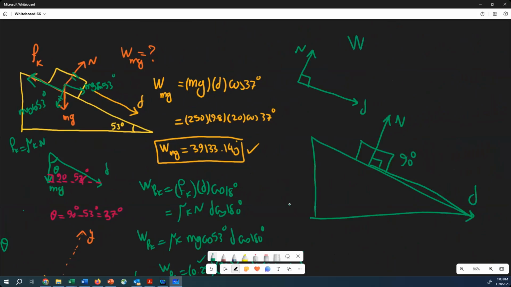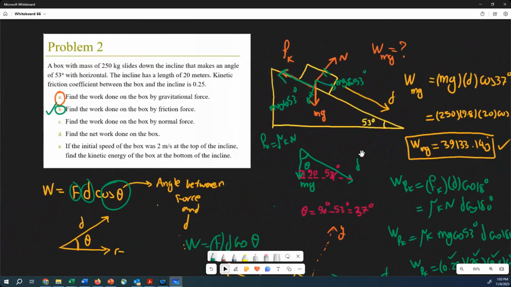So if I write Wn, it's going to be normal times D times cosine of the angle between normal and D, which is 90 degrees. What is cosine 90 degrees? 0. So the normal force work is 0 joules. Makes sense? So we have found part C.